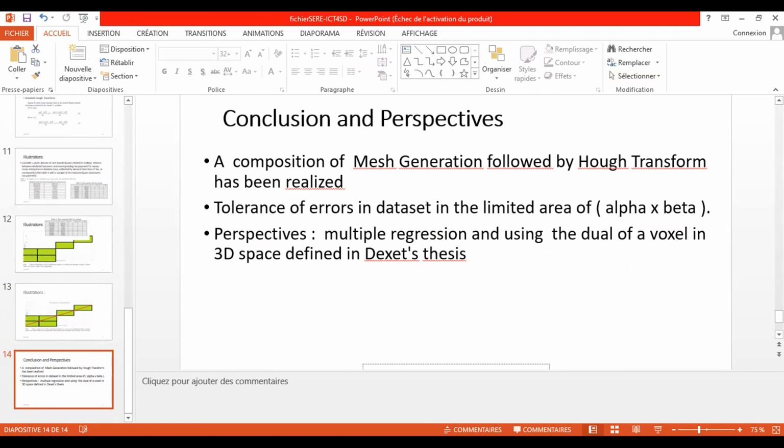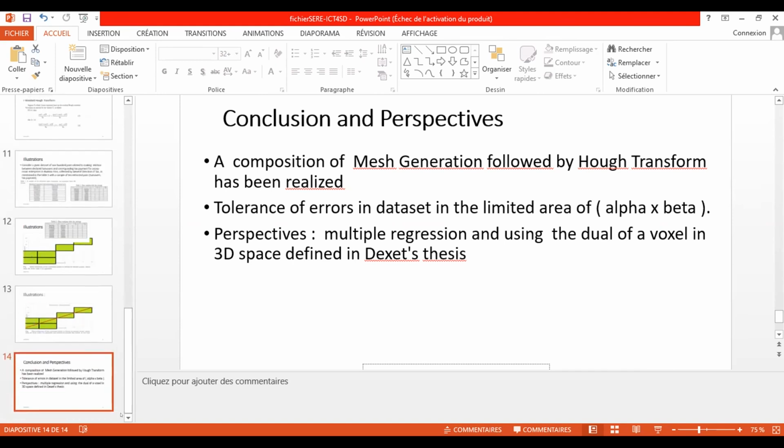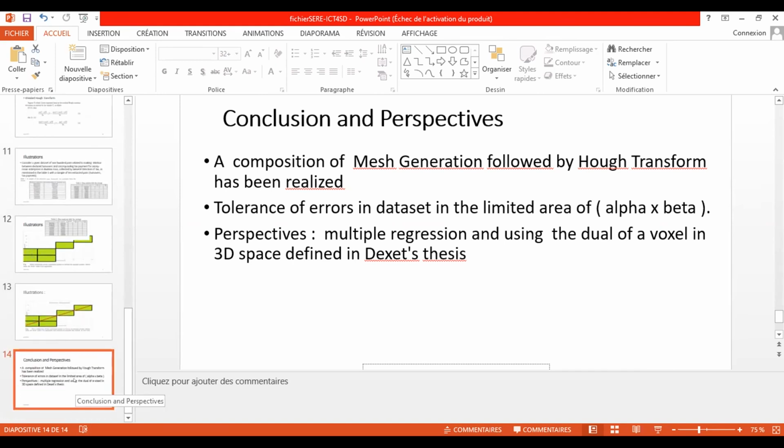And the data set is in the limited area of these coordinates that define the size of each cluster. And also in perspective, we can work to define multiple regression using the voxel in 3-dimensional space. Okay, thank you so much.